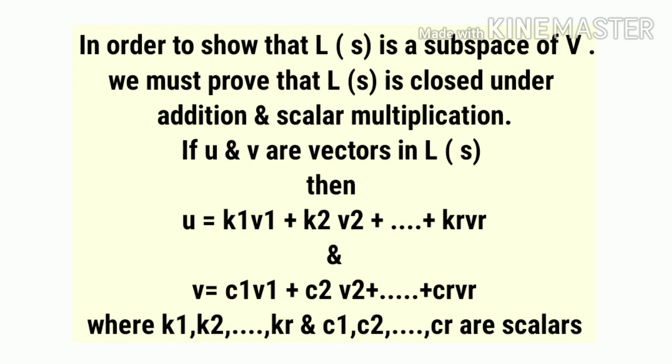That is, we have to prove that vector u plus vector v also belongs to L of S and scalar multiplication ku also belongs to L of S. Then L of S is a subspace of V.